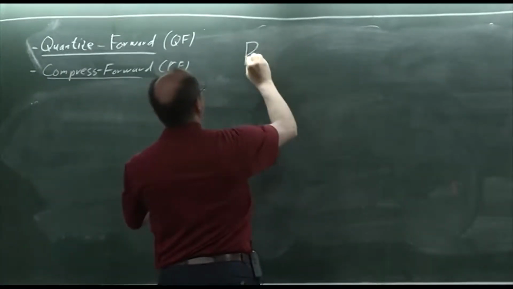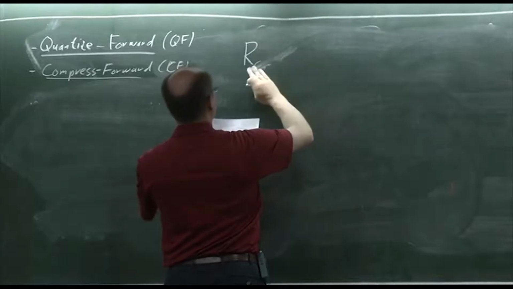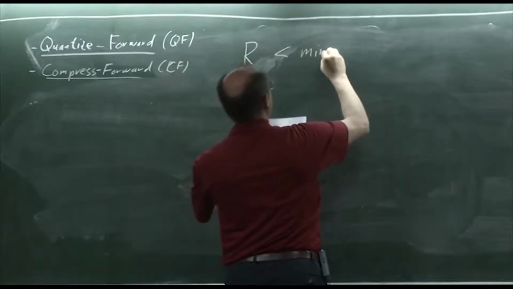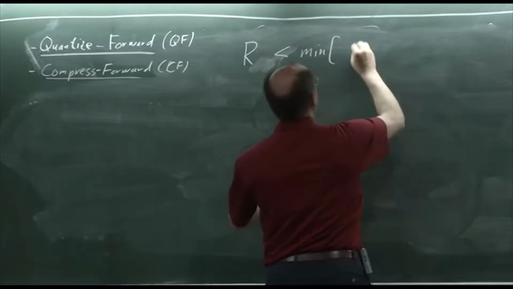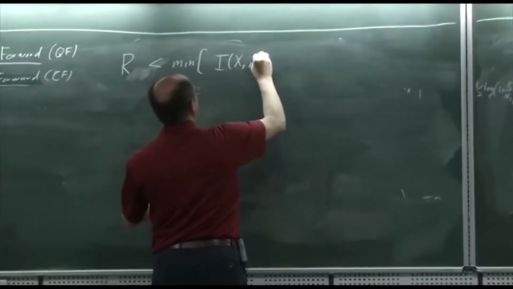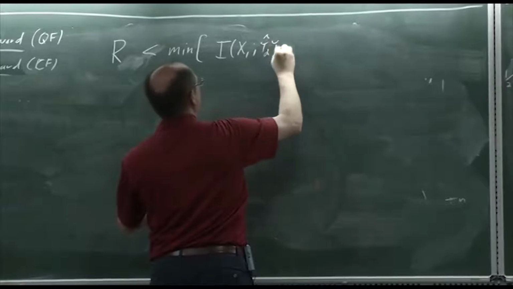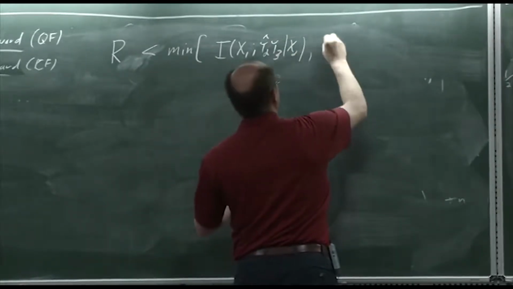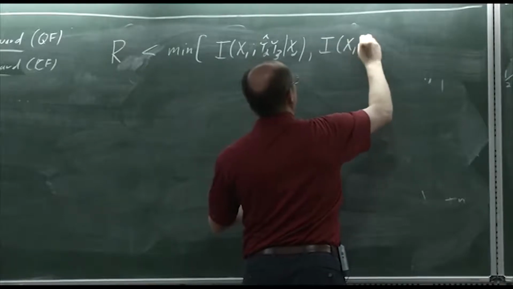So this here is RCF, or let me leave it without that yet, because then I want to do the opposite. R is the minimum of the first term, I of x1, y2 hat, y3 given x2, and then I of x1, x2, y3.